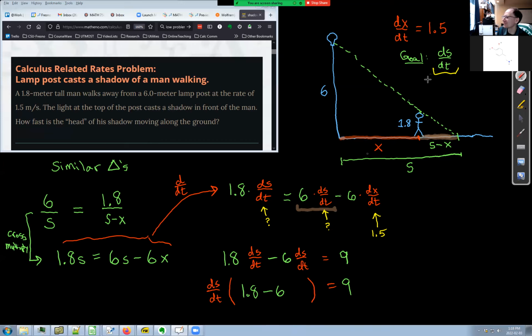And again, our goal was to solve for ds/dt. So now we're pretty much done because all I need to do is divide both sides by this number. So we've now got that ds/dt is equal to 9 divided by 1.8 minus 6.